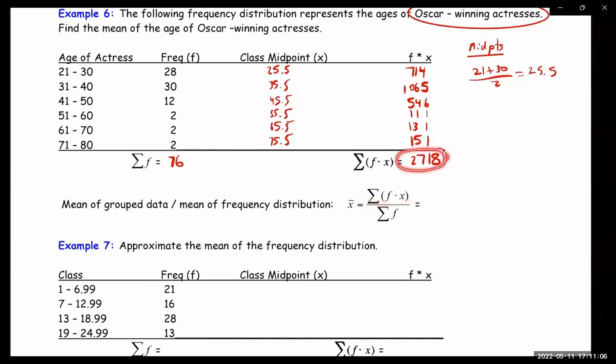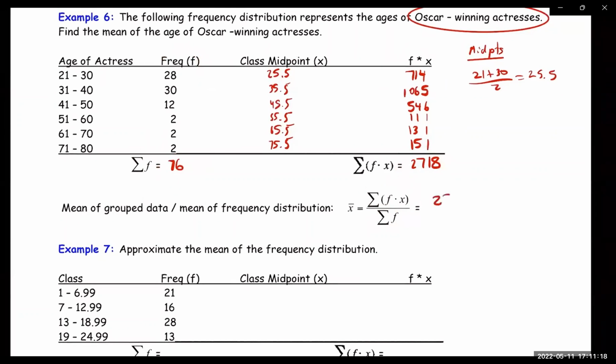So we already have these two numbers, and we just divide them. So let's do that now. It's going to be 2718 divided by 76, and that is going to be approximately 35.8 years old if we round.